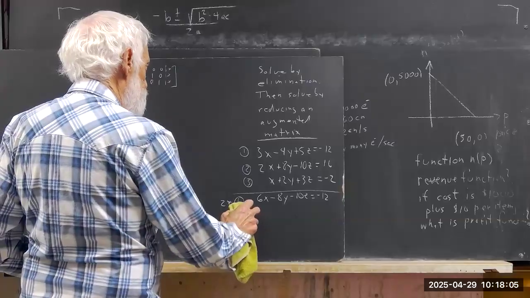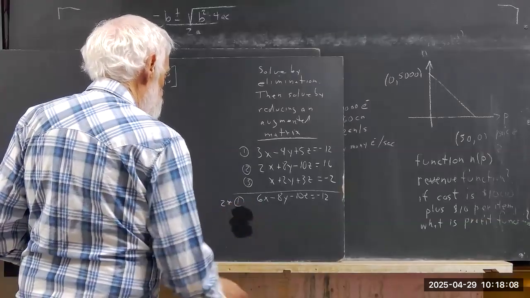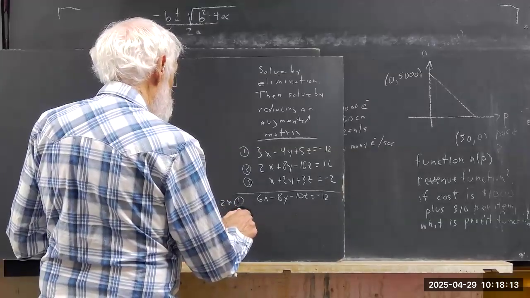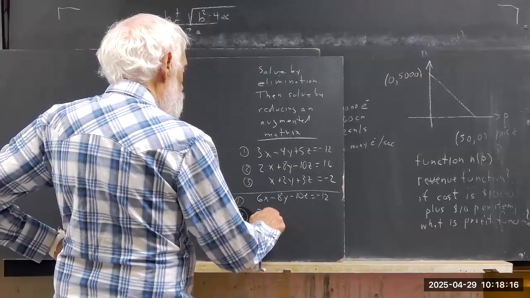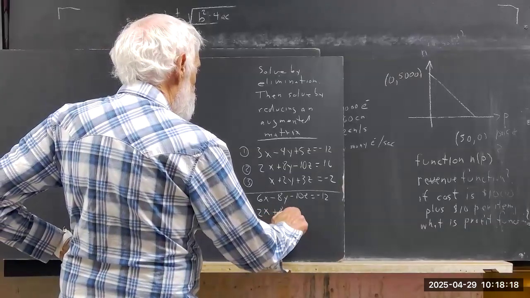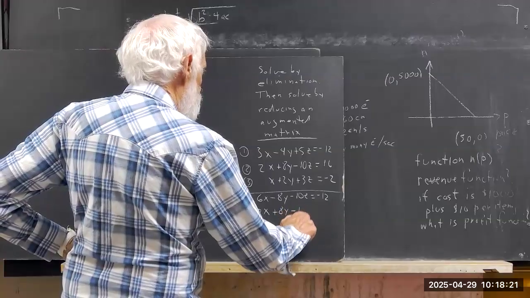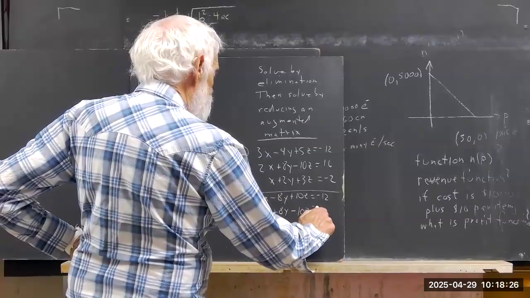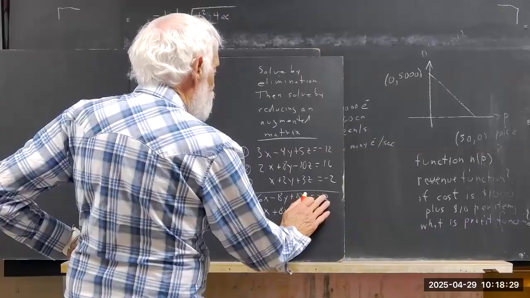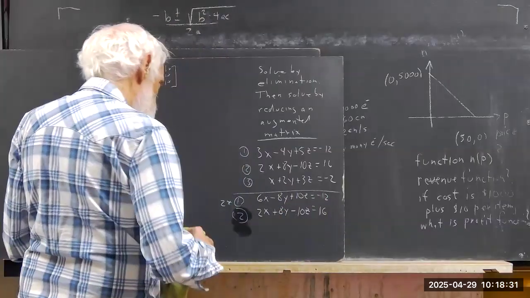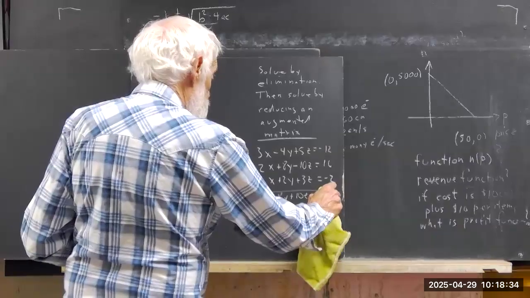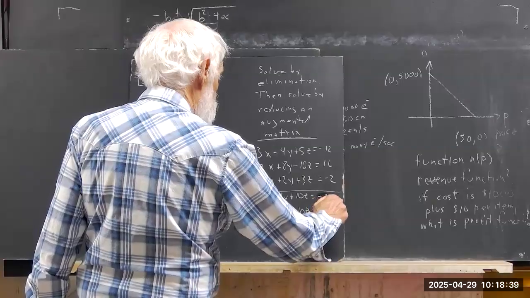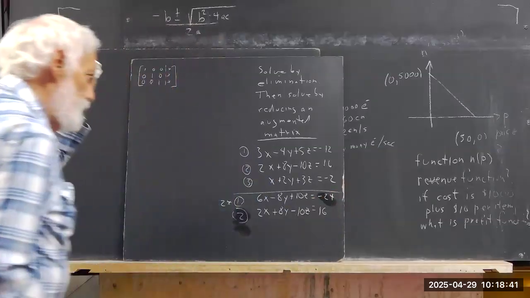And then I'm going to do equation 2, which is 2x plus 8y minus 10z, that should have been a plus, equals 16. And I've put negative 12 here. I should have negative 24 because we got a double back.